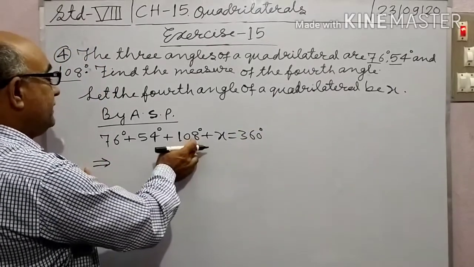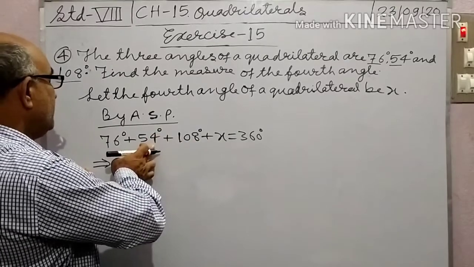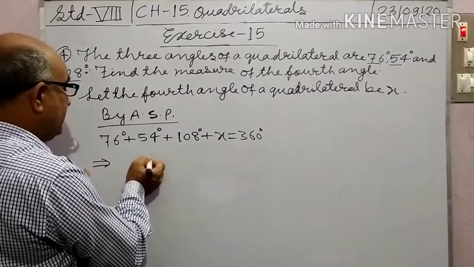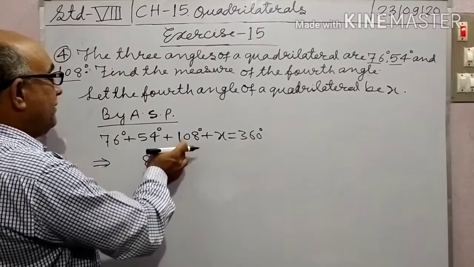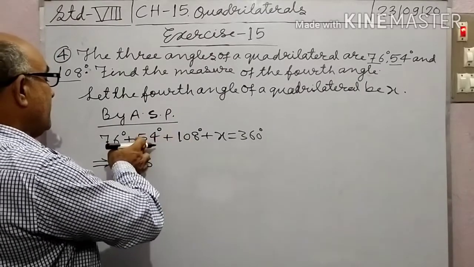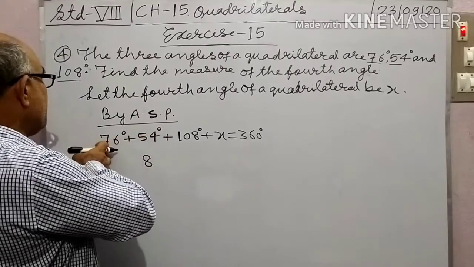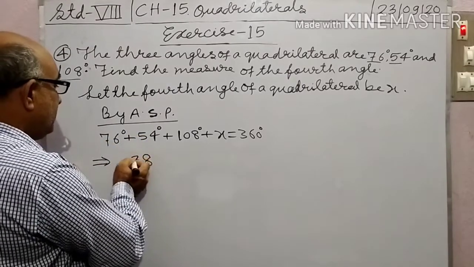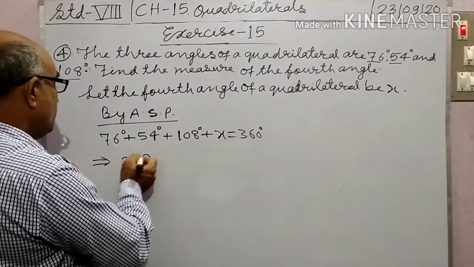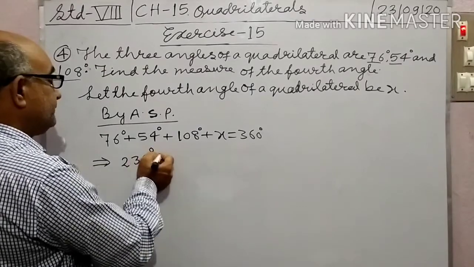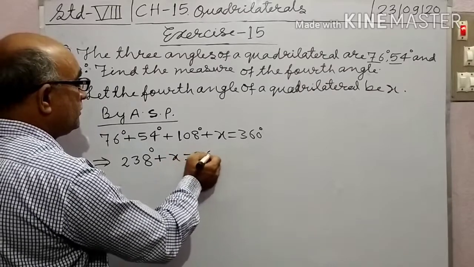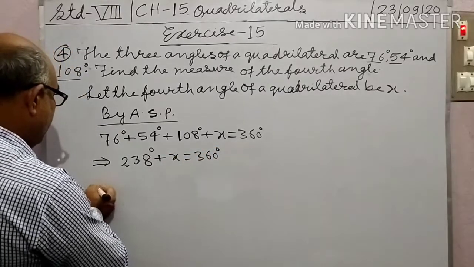That implies, adding, 8 plus 4 is 12, 12 plus 6 is 18, 8 carry 1, 1 plus 5 is 6, 1 plus 5 is 6, 6 plus 7 is 13, 3 carry 1, so 1 and 1 is 2. 238 degree plus x equal to 360 degree.